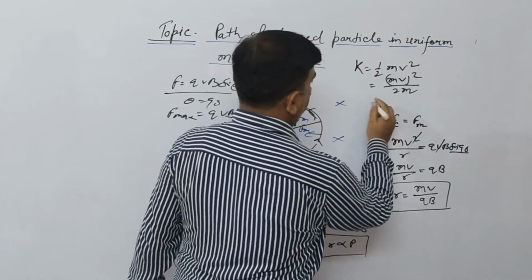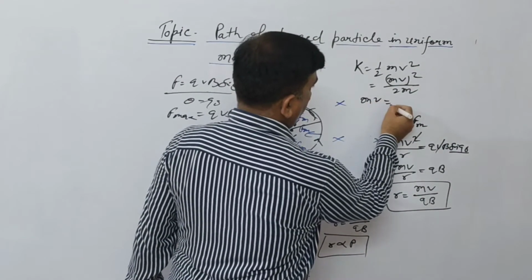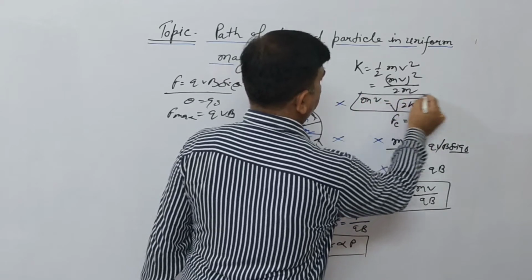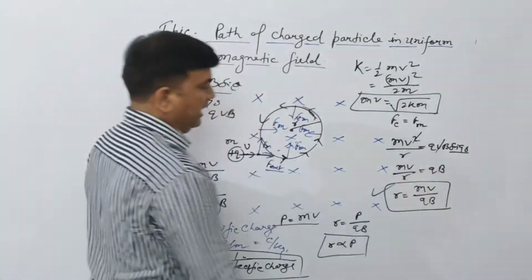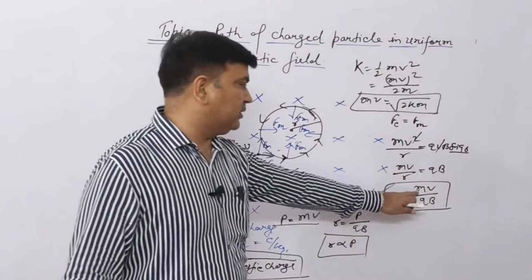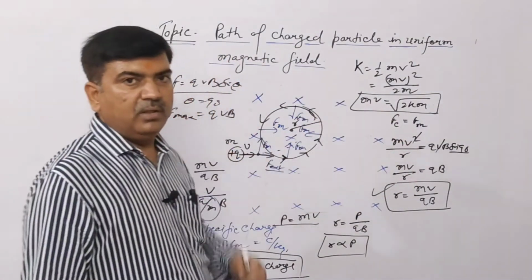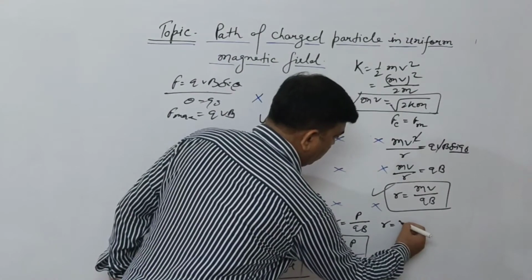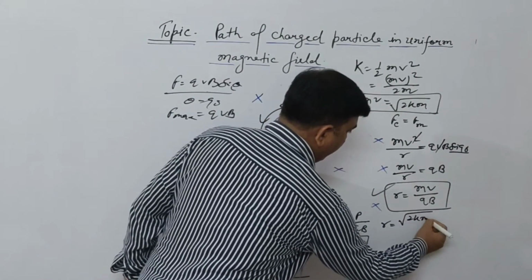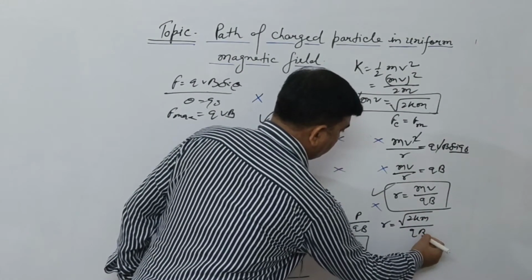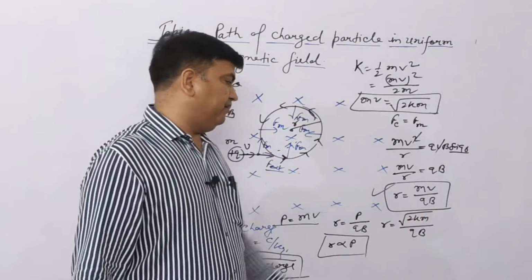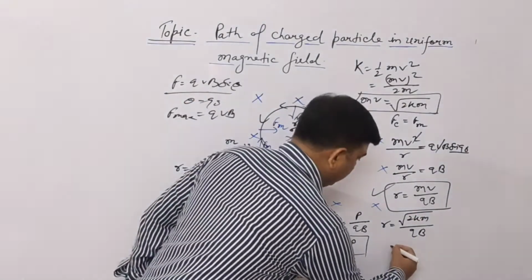We can find mv equal to root 2Km. So in the place of mv, in the expression of the radius, we put root 2Km, and it is r equal to root 2Km by qB.